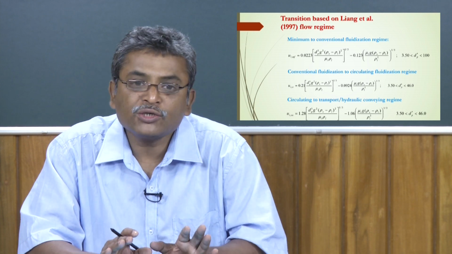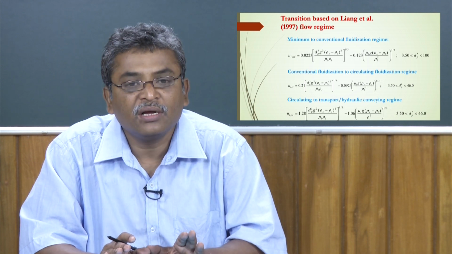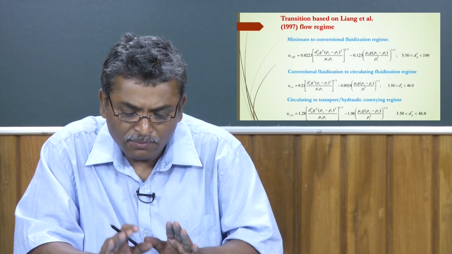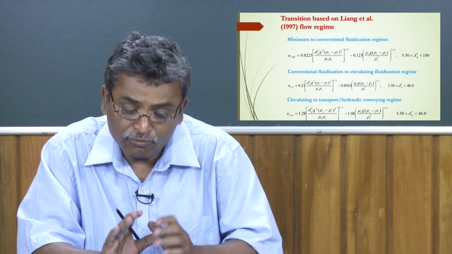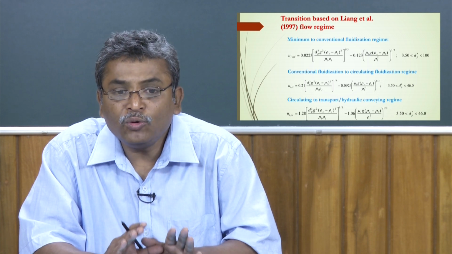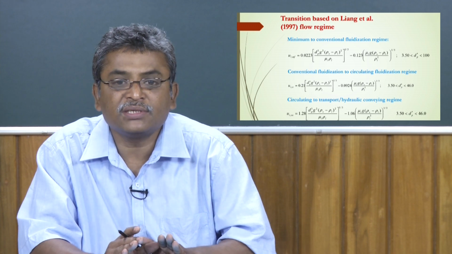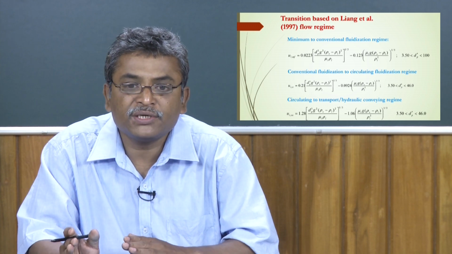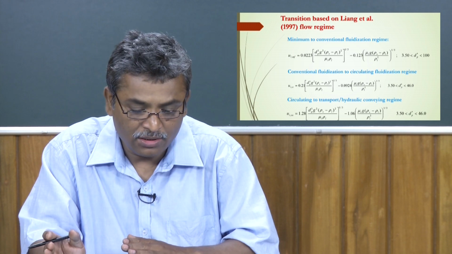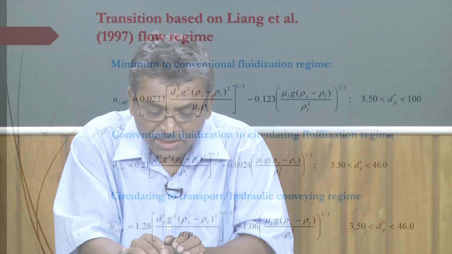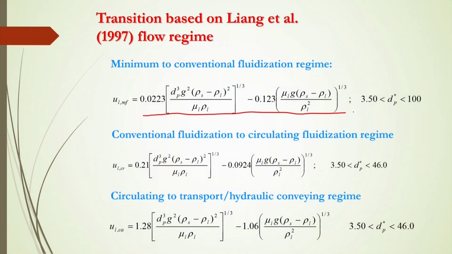Now, of course, you have to know the transition of these different fluidization regimes inside the bed. Minimum to conventional fluidization regime: of course, you have to maintain the liquid velocity in such a way that you are just going to change the minimum fluidization to conventional fluidization with this liquid-solid system. How? You have to calculate the minimum velocity. If your dp star is within the range of 3.50 to 100, then what should be the minimum fluidization velocity?